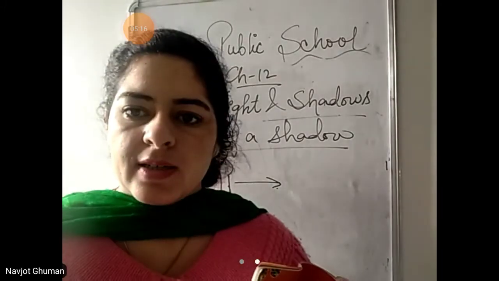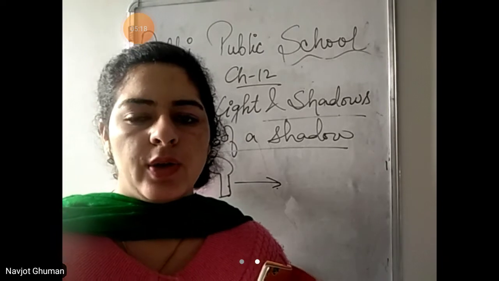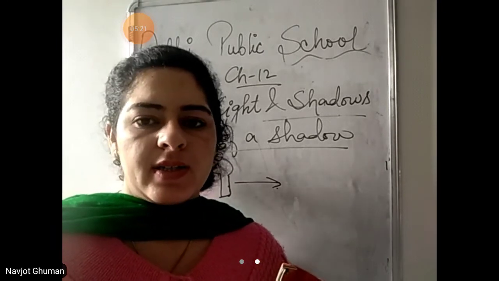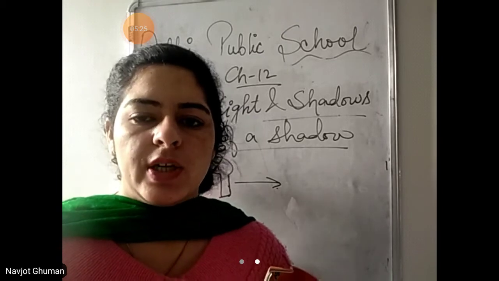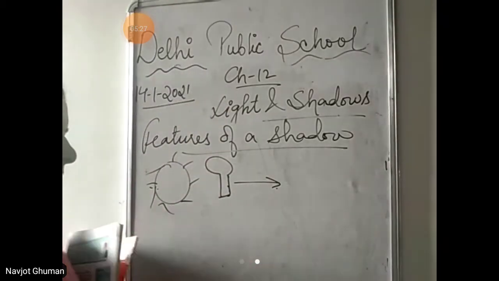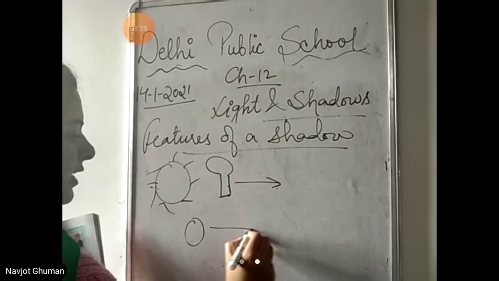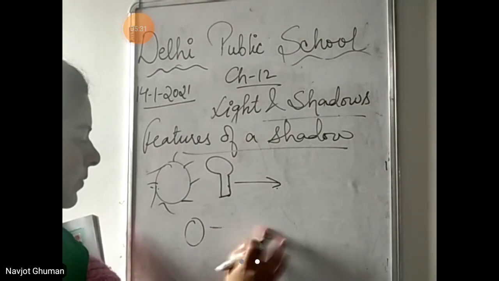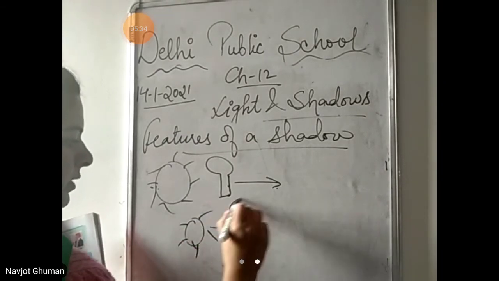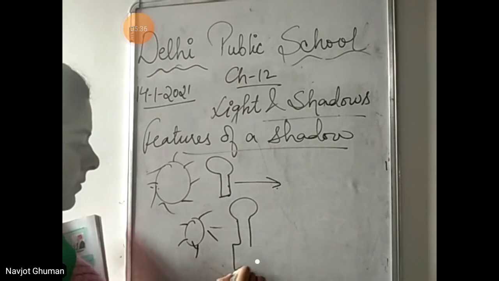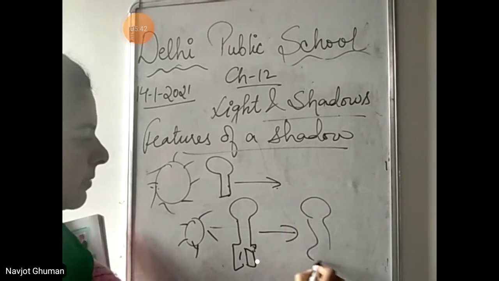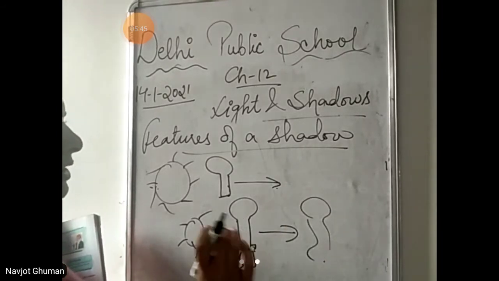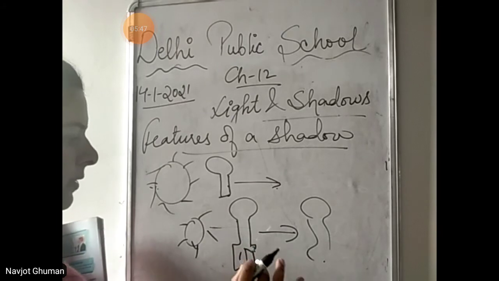Suppose you are standing in front of the sun, and suppose the sun is on your right side and you are standing over here, your shadow will be formed on the opposite side of the sun. इस side जो है आपकी, suppose this is the sun, here you are standing, shadow will be formed on the opposite side पे बनेगी, and shadow is always formed in the outline.